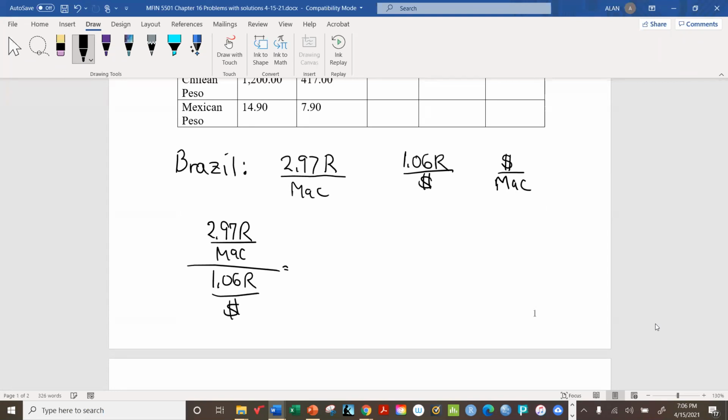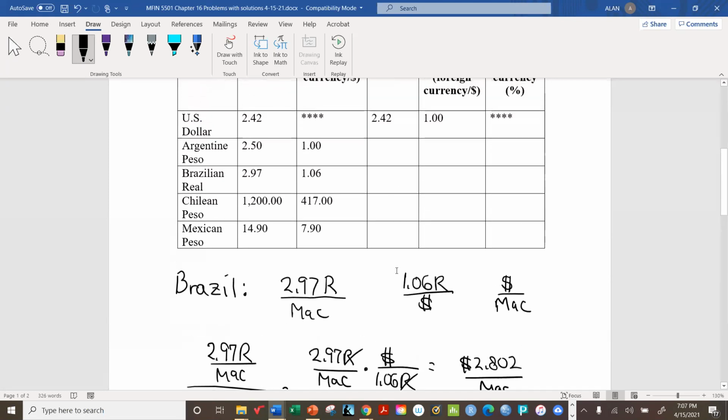Now, algebraically, this is the equivalent of multiplying by the inverse. So here the R's drop out. So the ratio of 2.97 to 1.06 is approximately 2.802 dollars per Mac in Brazil.